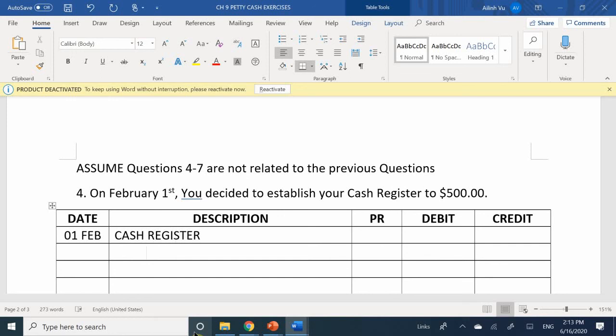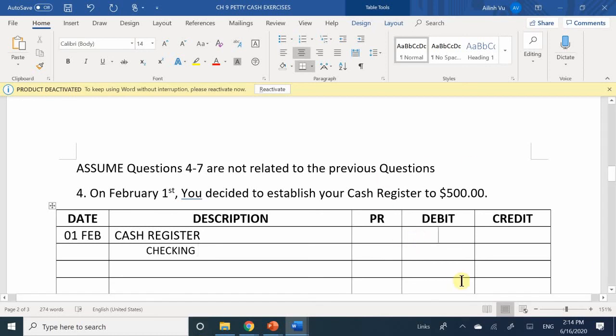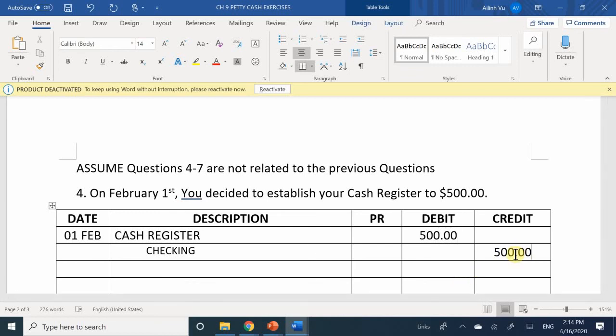And how do you put cash in your cash register? From your checking account, as in you need to go to the bank, pull out the money from your checking, and put it in the cash register. So how much is your cash register supposed to have? $500. That's correct. So there is my amount, $500.